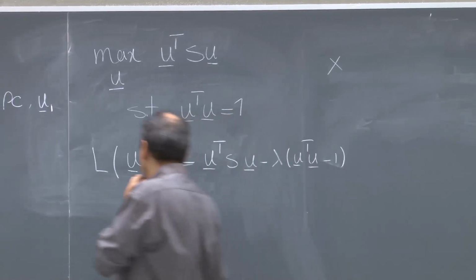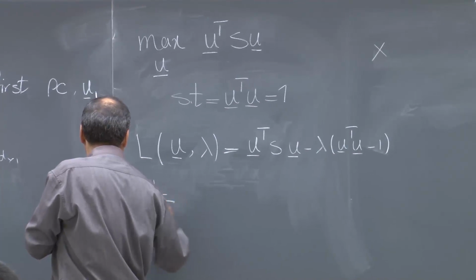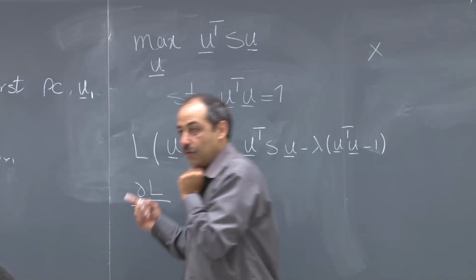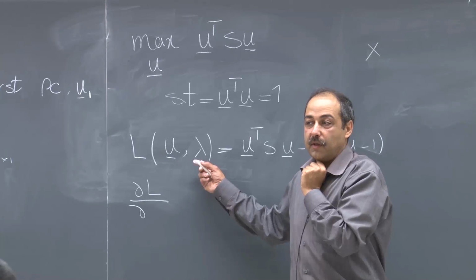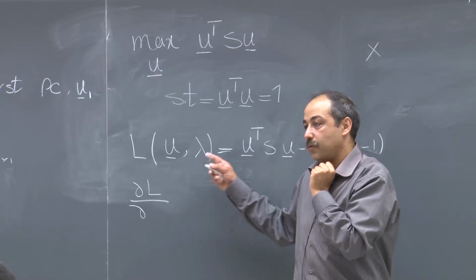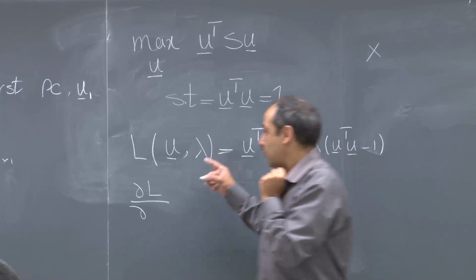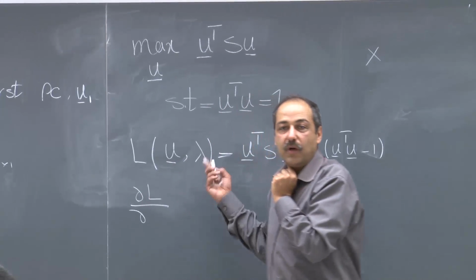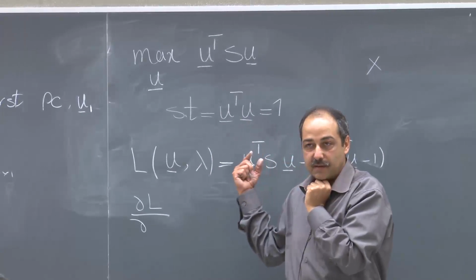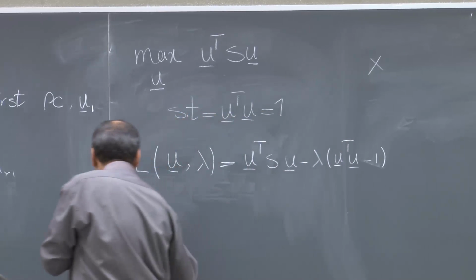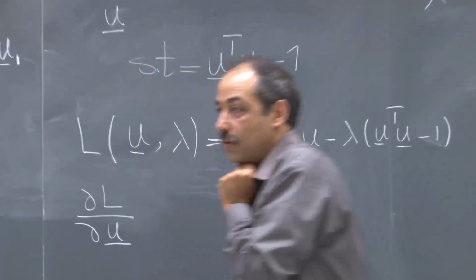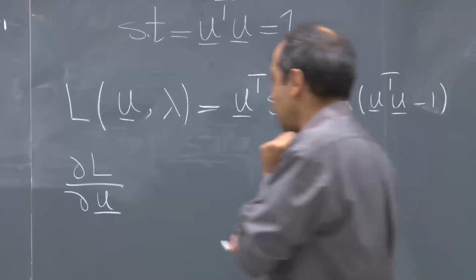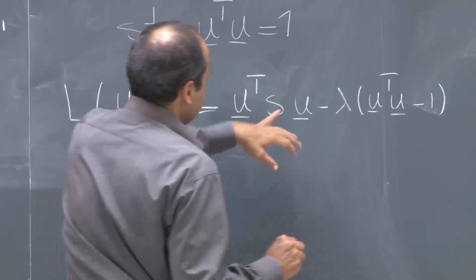And now I have to take the derivative of this Lagrangian with respect to the primal variable u. If I take the derivative with respect to the dual variable, I get my constraint back. So I have to take the derivative with respect to the primal variable and set it to 0.